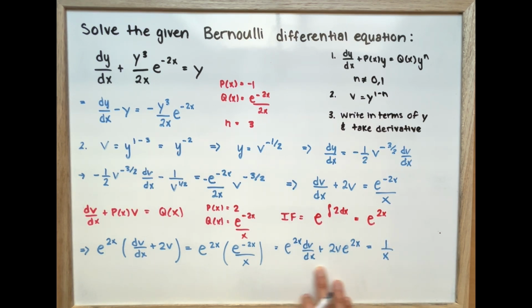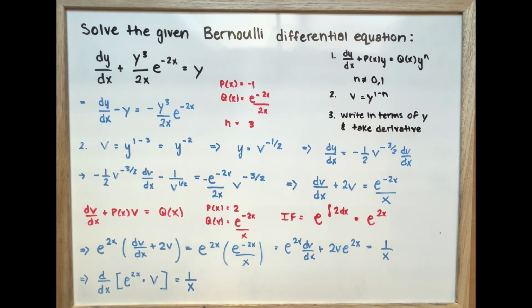And because this is just multiplying, if we set our u equal to e to the power of 2x, then we have u times dv over dx plus our v times our du over dx. So we can simplify this and write this as d over dx of u times v, which is e to the power of 2x multiplied by v, which is equal to 1 over x.